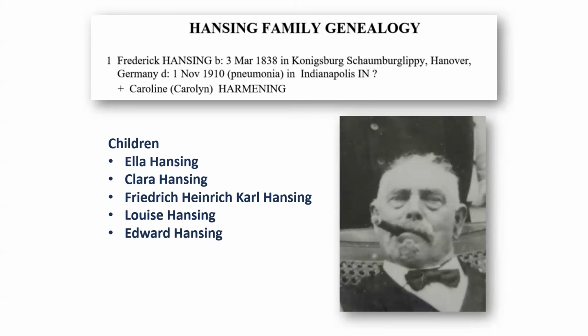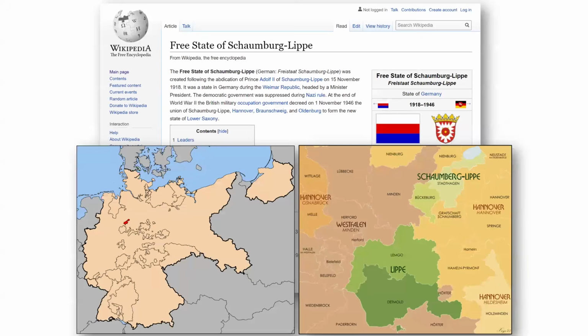That's very interesting. First of all, there's no place quite called Schaumburg-Lippe. There is, however, a Schaumburg-Lippe. It was a free state within the German Empire, a very small region of Germany.